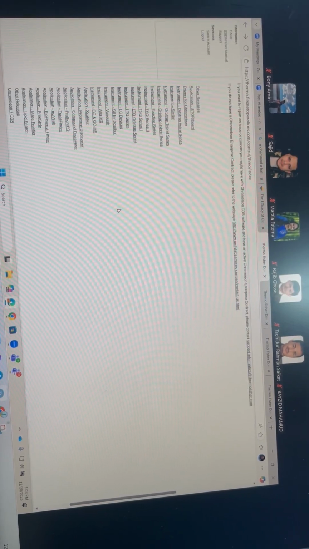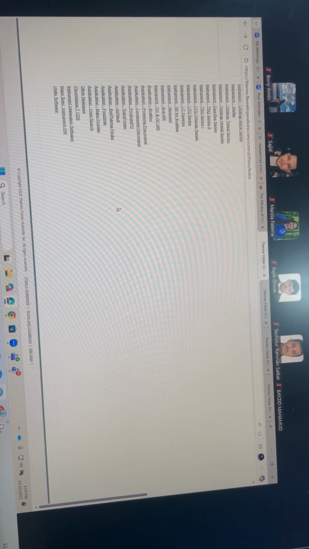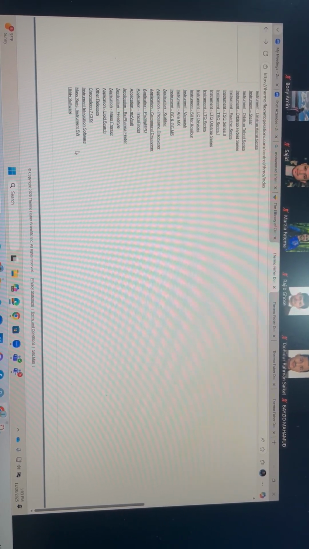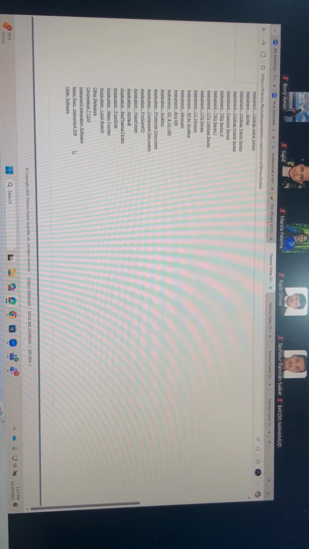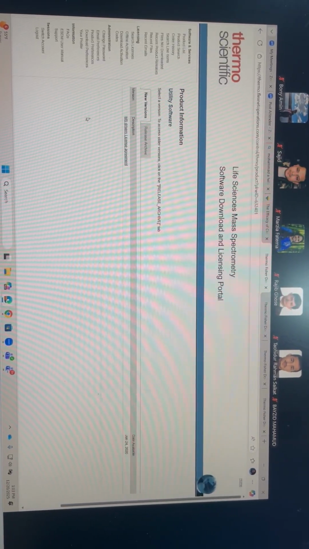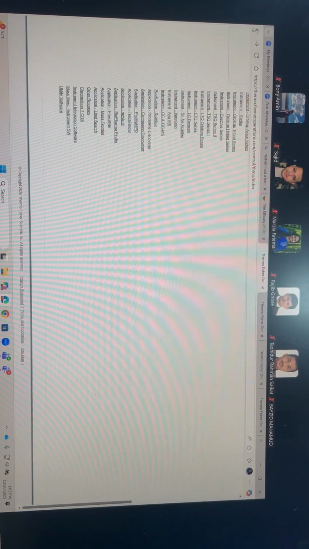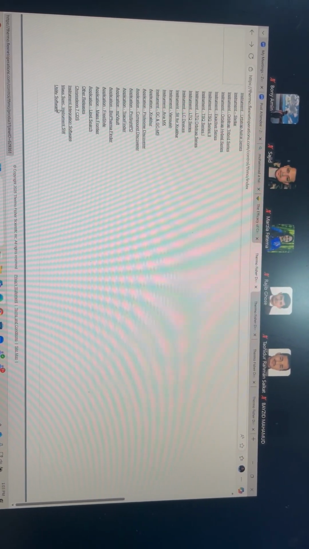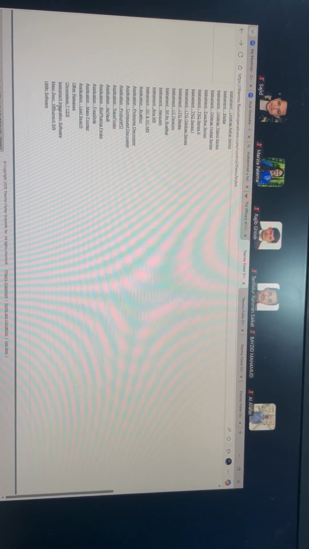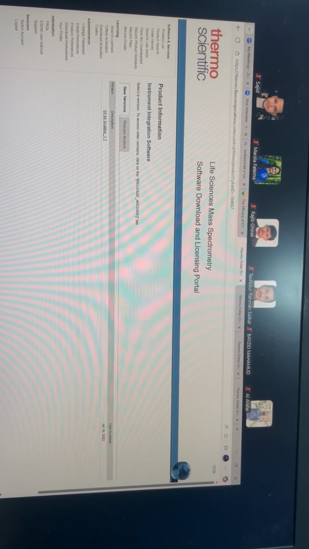Okay. But if you have a problem with downloading this software, if your computer is having some problem, then you might need to also download Thermo Scientific Foundation software.